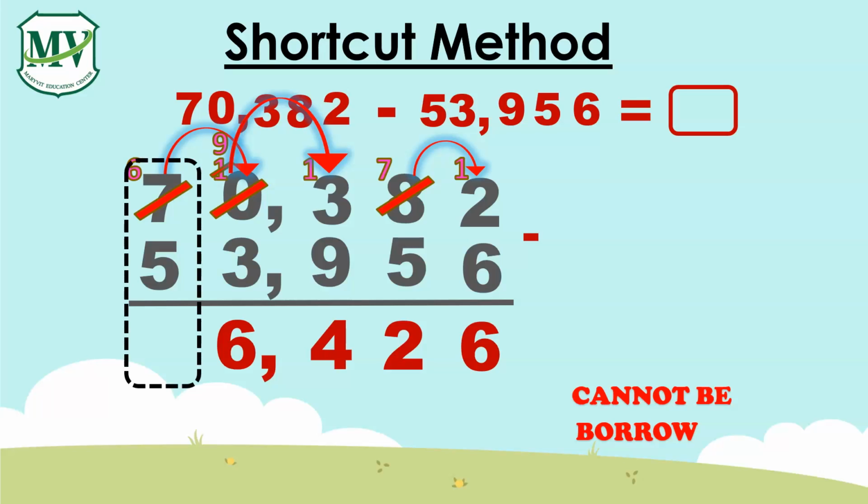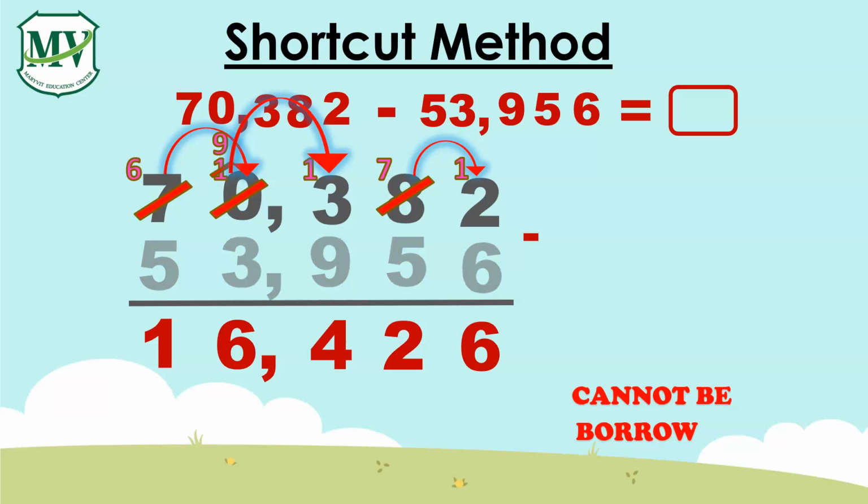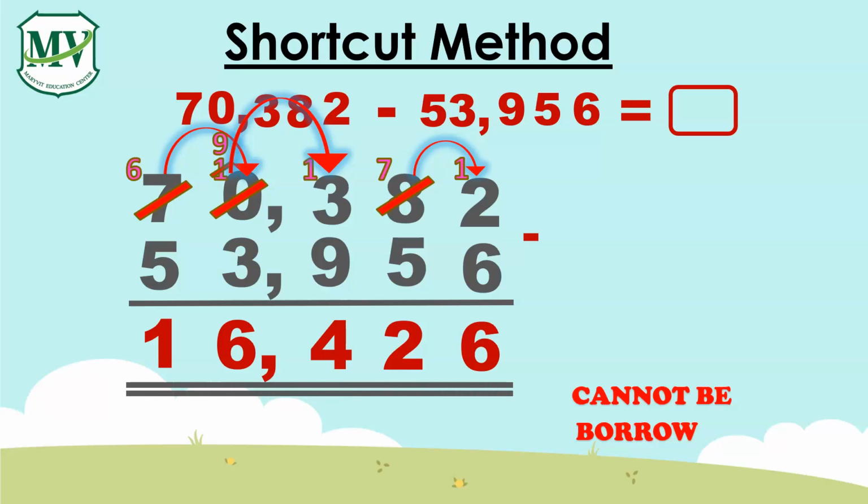Subtract the 10,000s. 6 minus 5 is 1. Therefore, 70,382 minus 53,956 is equal to 16,426.